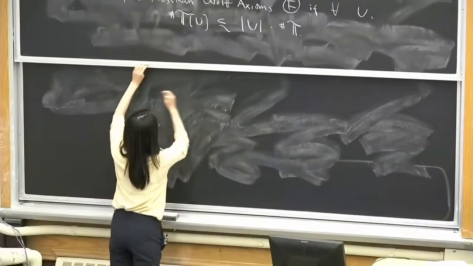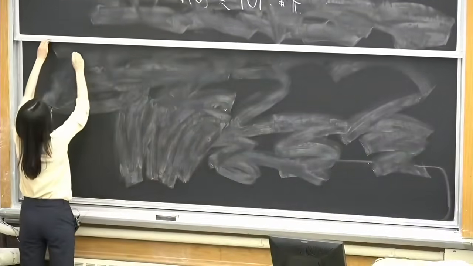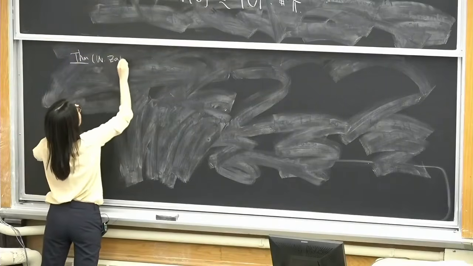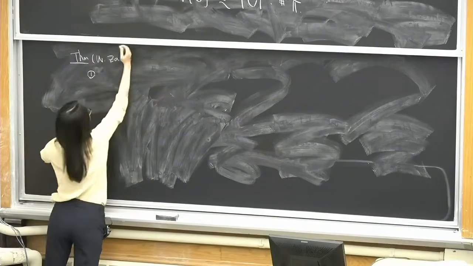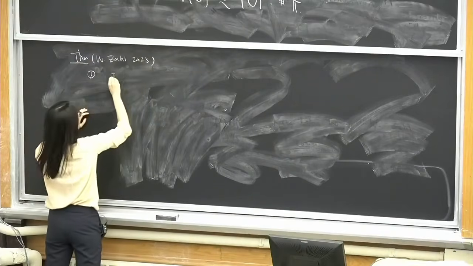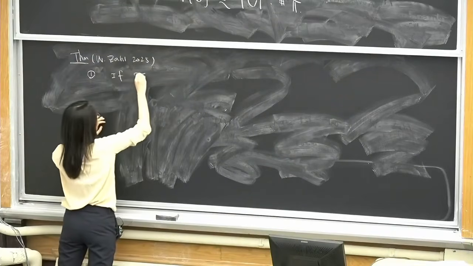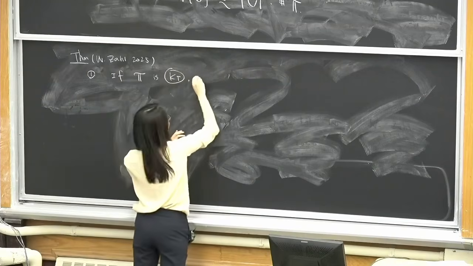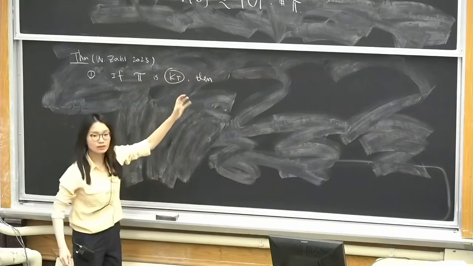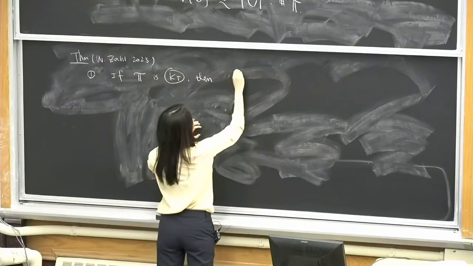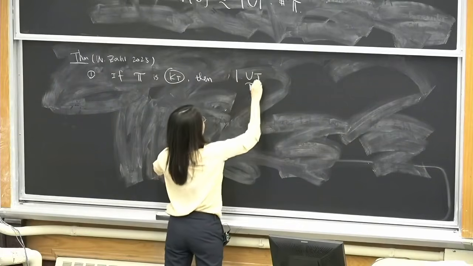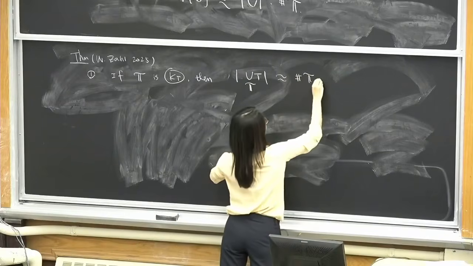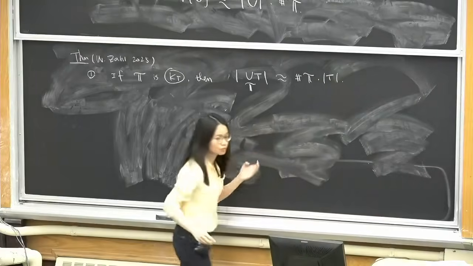Is the following. We show that if the tubes satisfy the Kakeya-Wolf axiom, then they should be essentially disjoint. Meaning that the union of those tubes has volume approximately the number of tubes times the volume of a single tube.